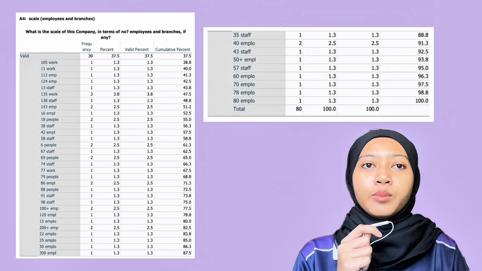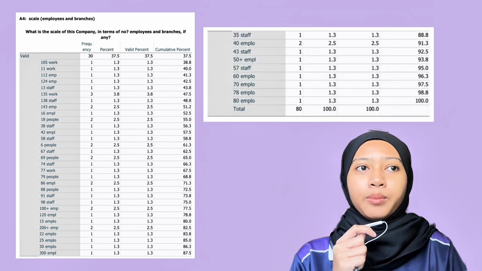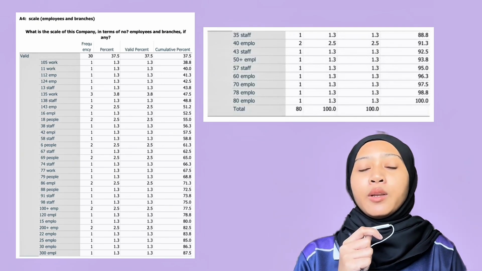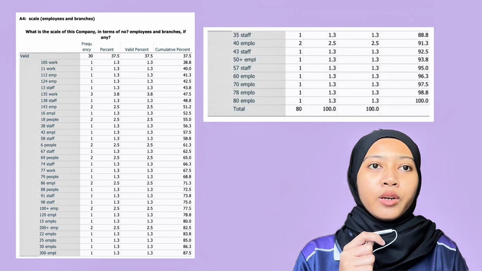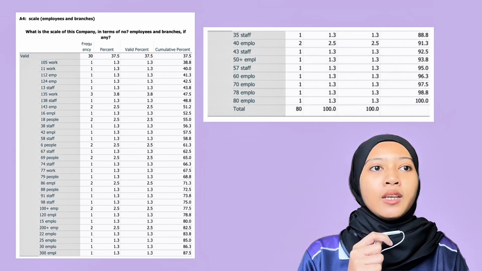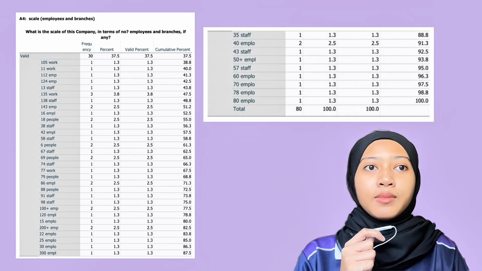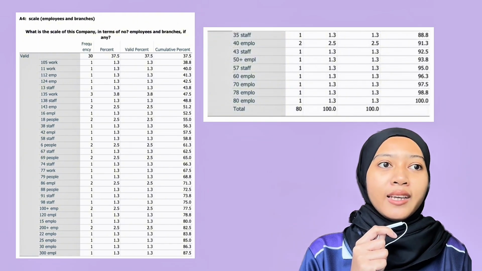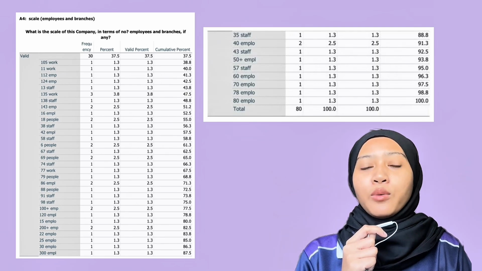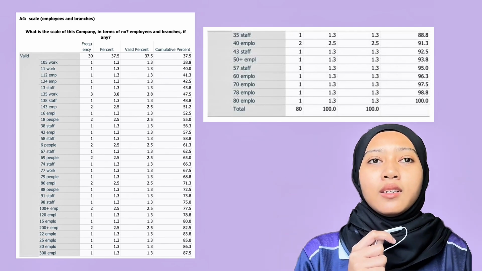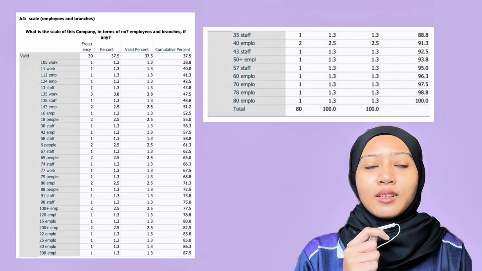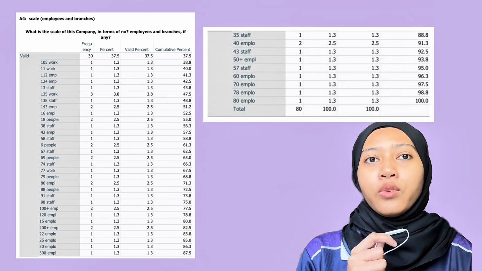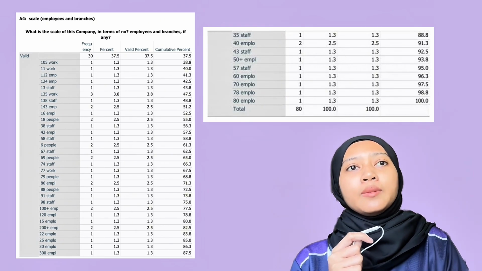Although various terms were used, such as employee, staff, people, and workers, these all refer to the same thing, which is employees. After standardizing these terms, we can see that the companies range widely in size, from very small businesses with fewer than 10 employees to large organizations with more than 300.